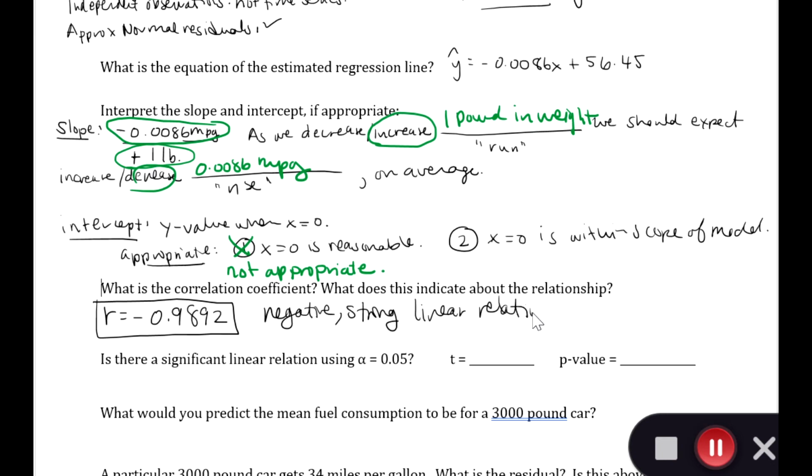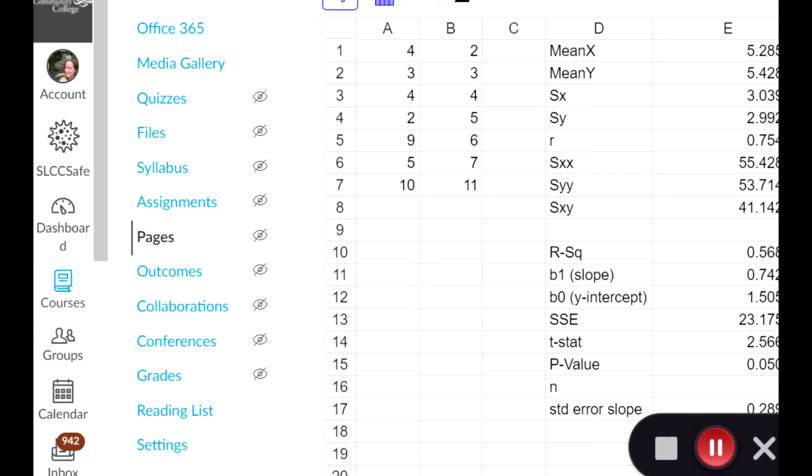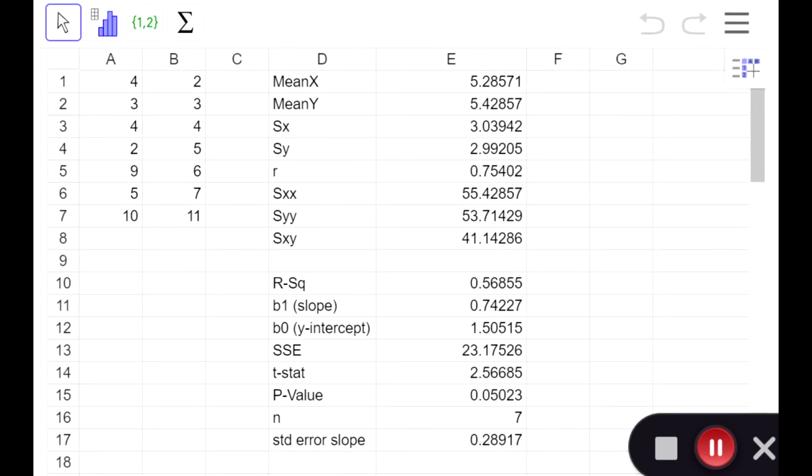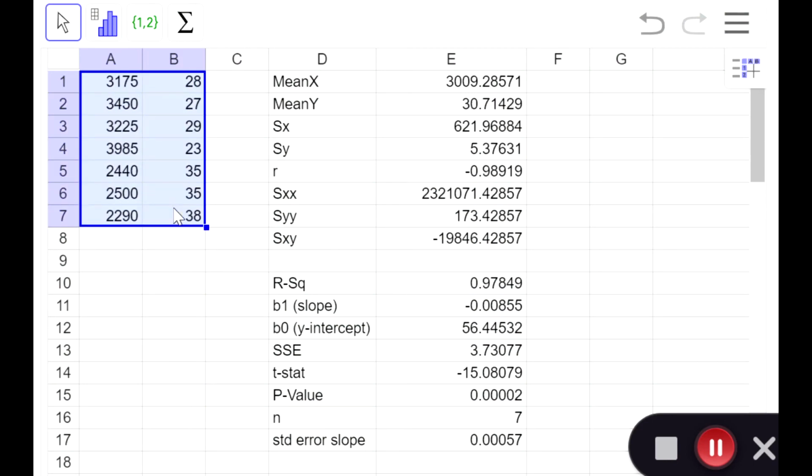Okay. Now I have to go through and see if there is a significant linear relationship with this data. So we come back to GeoGebra, and you have to go through and in your canvas, come and work here, and I can copy and paste your data.